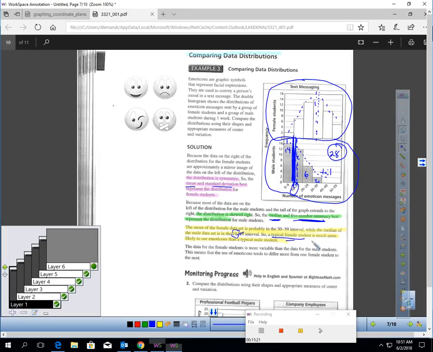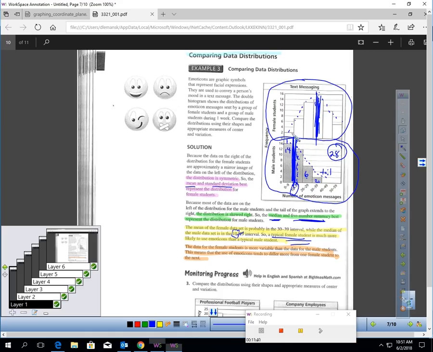So a typical female student, we said it'd be here, would be about the middle. The typical female student is definitely sending emoticons way more than a typical male student would. The female data is also more variable.